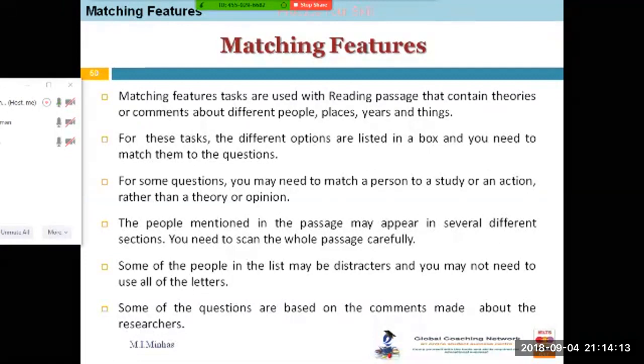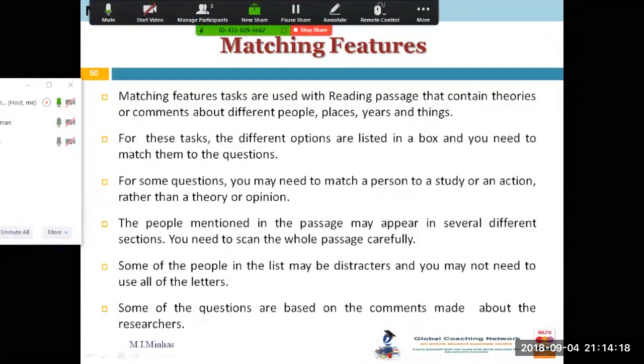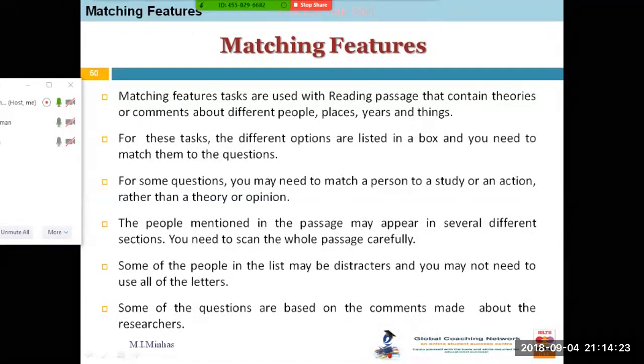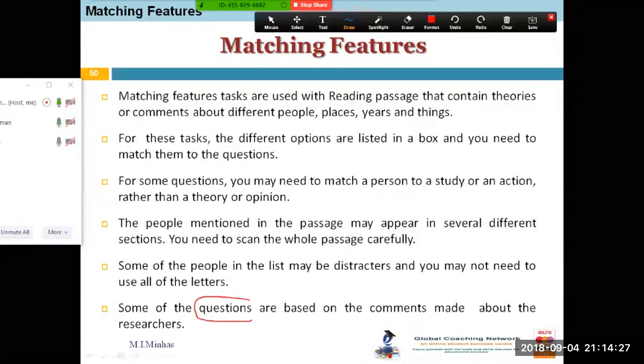Clear? Now, some of the questions are based on the comments made about the researchers. Again, it is not about the researcher's opinion himself or herself. It may be about the comments made about that researcher. For example, if I say that Herzberg presented 2 factors, motivational theory, and so on, I, the author, may pass a comment about this.